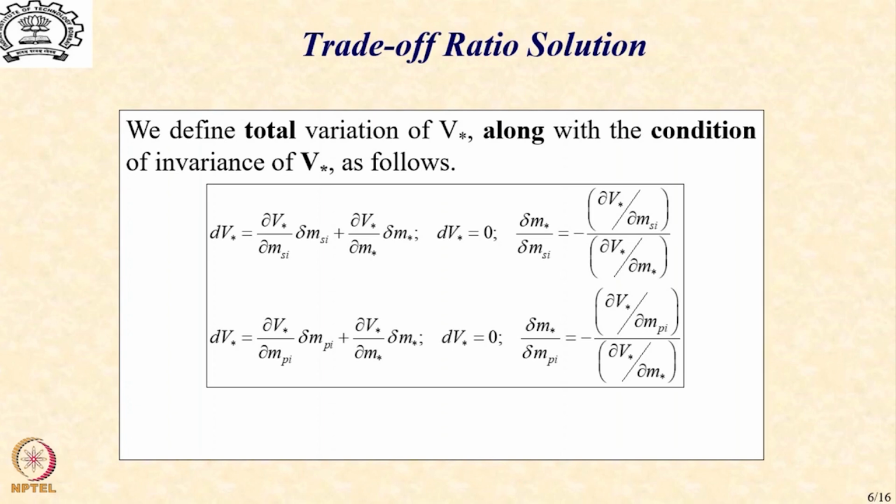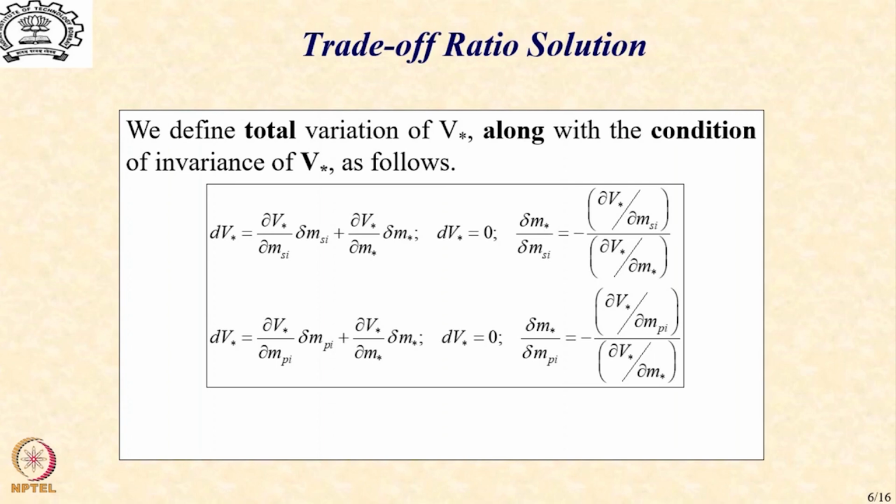Once we make use of this philosophy, we just say that if V star is a constant, then the small variation in V star must be 0, which means that dV star is equal to 0, and that gives us a relation between a small change in M star with respect to a small change in MSI as the ratio of two partial derivatives, dV star by dMSI and dV star by dM star, with a minus sign.